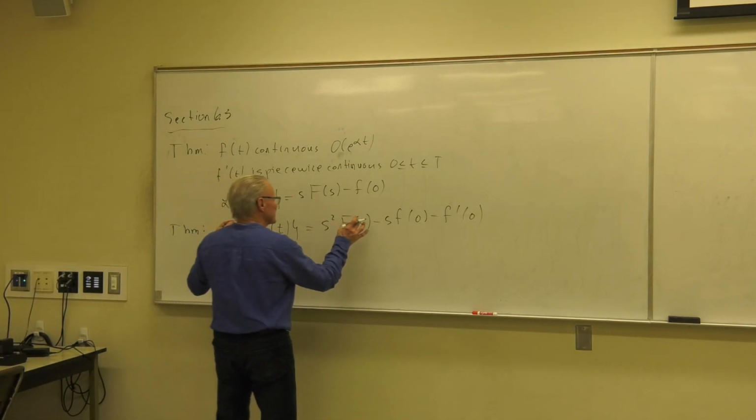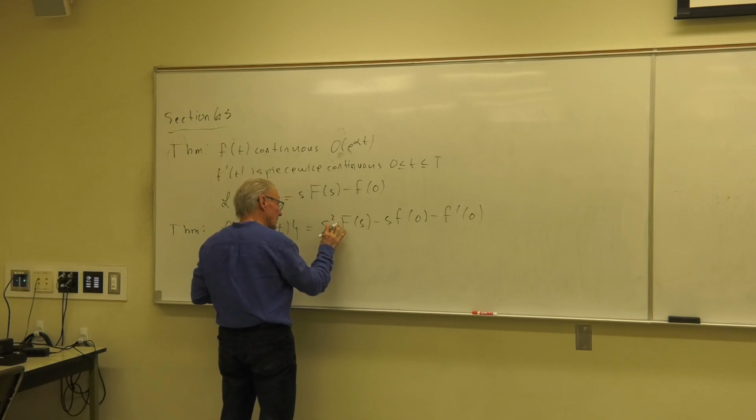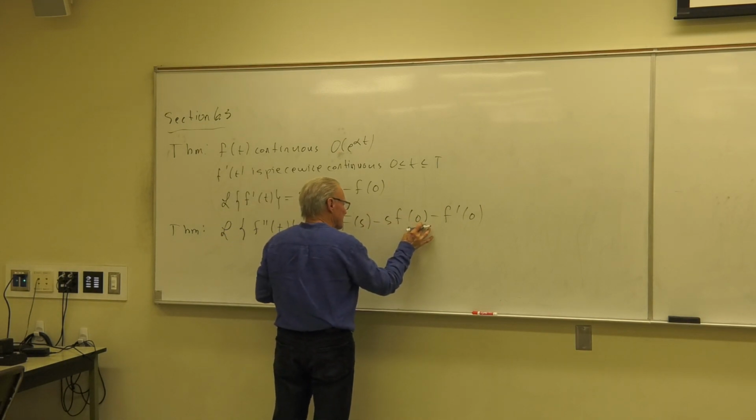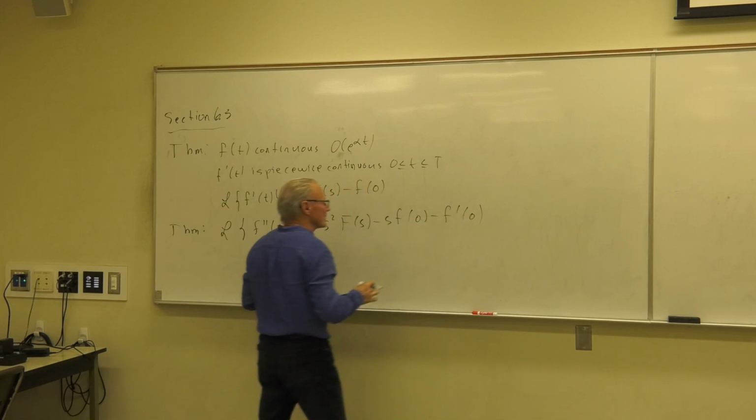You take the Laplace transform of the function and multiply by s squared. Then you subtract the value of the function at 0 multiplied by s, and then you subtract the first derivative at 0.